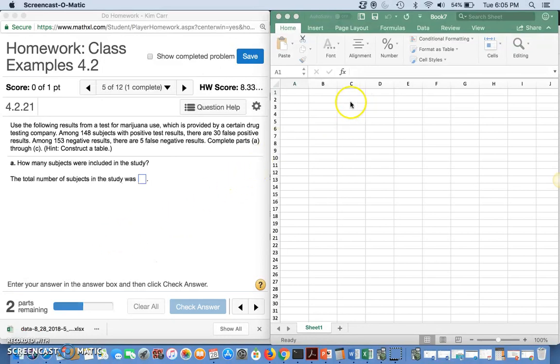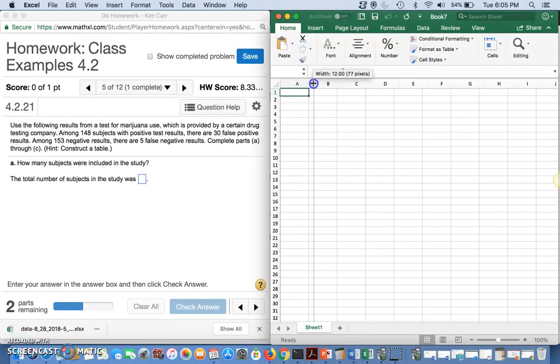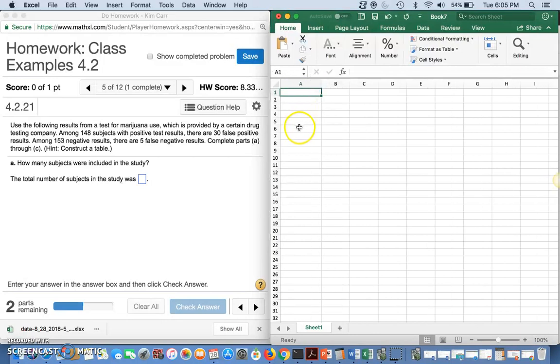Hint, construct a table. So in other words, we want to construct our own table here. What kind of test results do you have? You have positive ones, and we also have negative test results. So these are our test results. Now, what other distinction do you have?